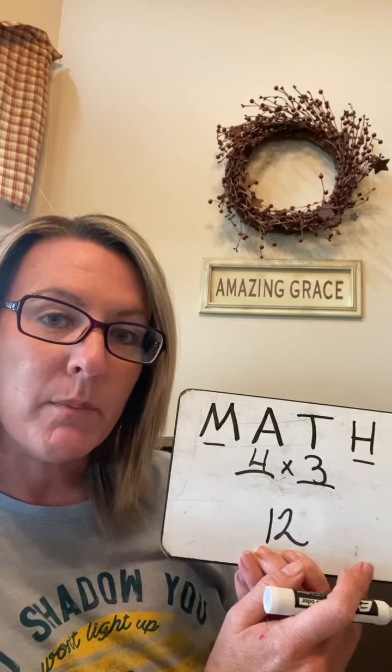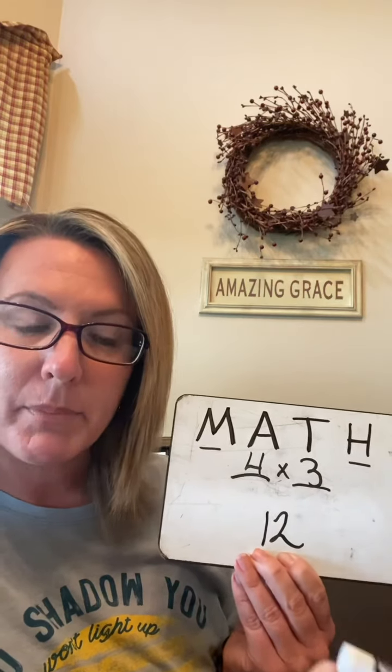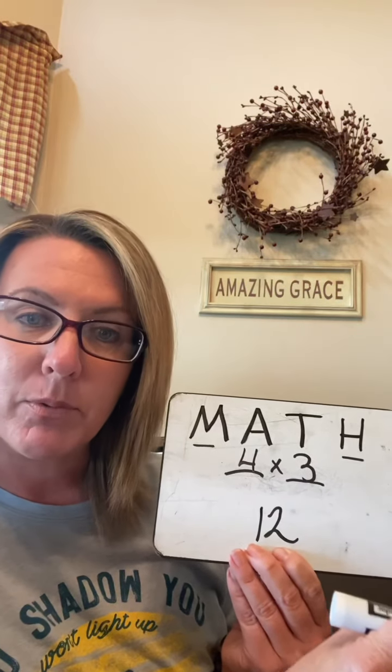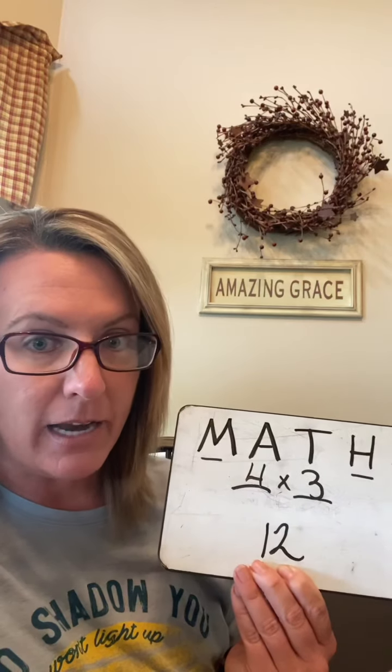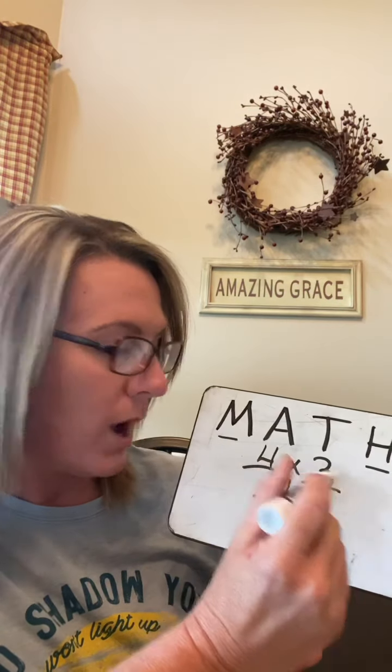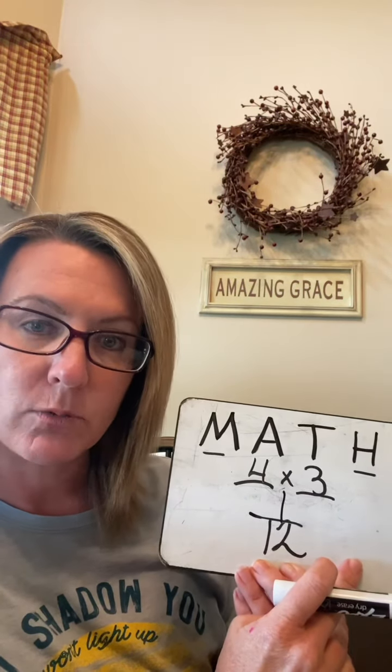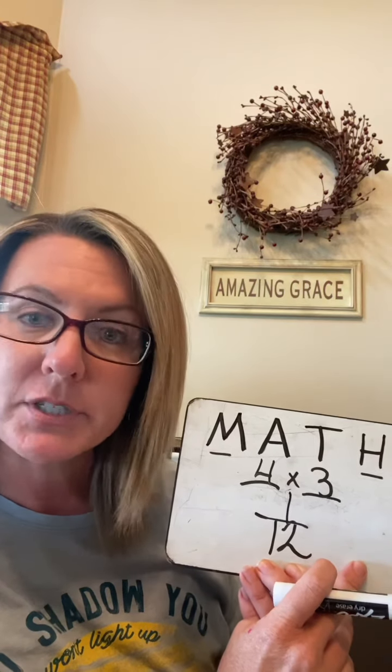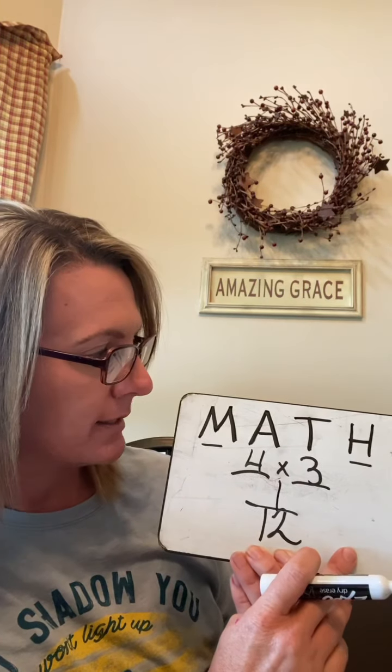Now, there is only going to be one unique combination of me being able to pull an M and then an H. So that would be a 1 in 12 chance, which you could then convert to a percentage to get a percentage chance also. Okay? Let's look at the next example.